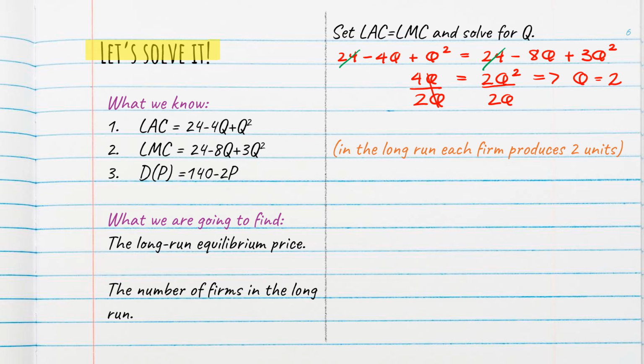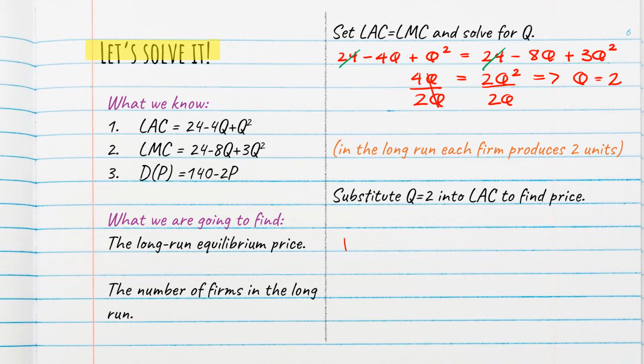But I need more than that. I need to know what that minimum value of the long run average cost is to find the price, because the long run equilibrium price is a price and I've solved for a Q. And essentially what I've done is I found the point where marginal cost cuts through average cost. So to figure out the price, I'm going to take this Q equals 2 and plug it into the long run average cost curve.